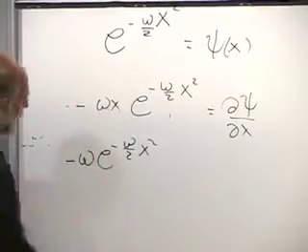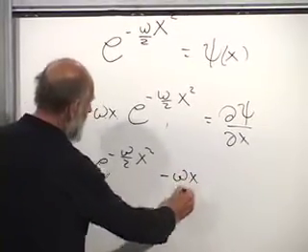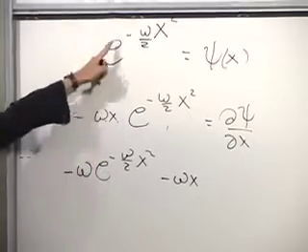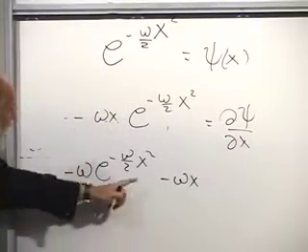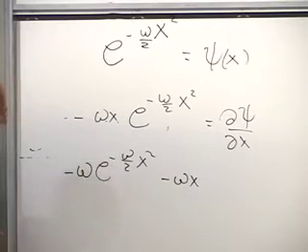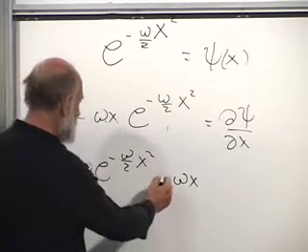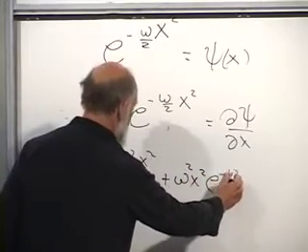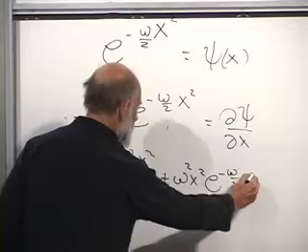The other factor will give me minus omega x, and then the derivative of this with respect to x. But we've already figured out what the derivative of this with respect to x is. It's just multiplication by minus omega x. So that gives us, I think, plus omega squared x squared times e to the minus omega over 2 x squared.